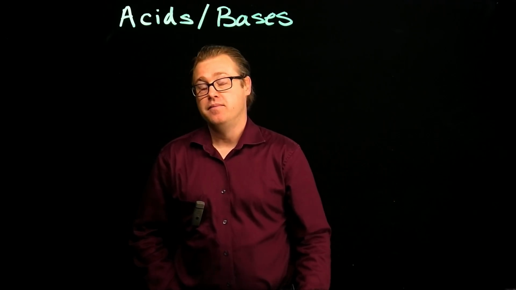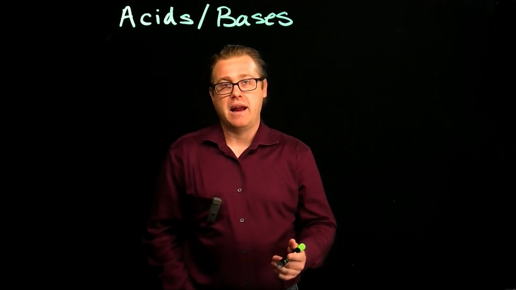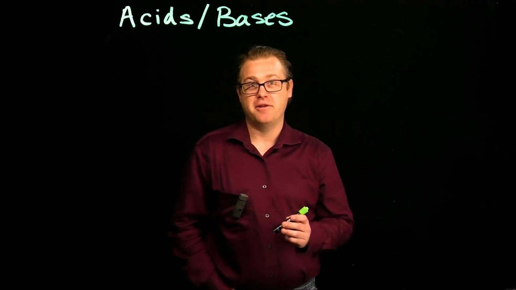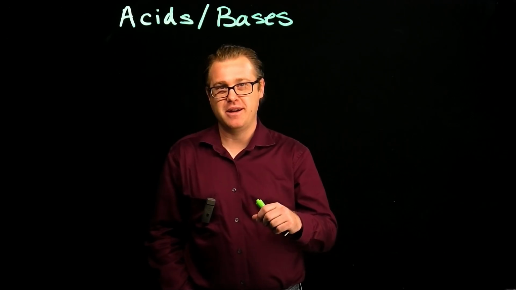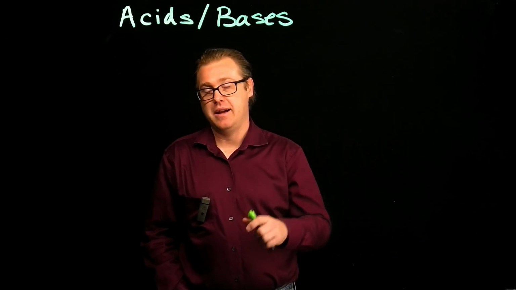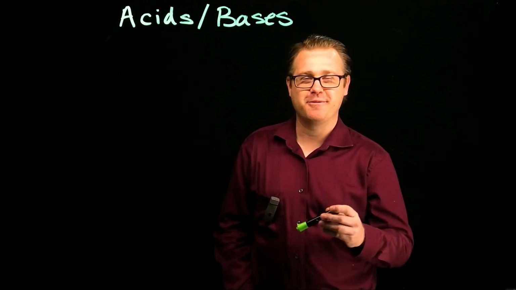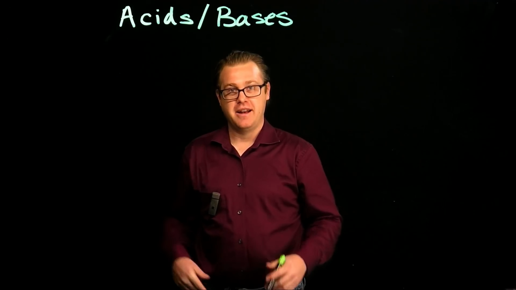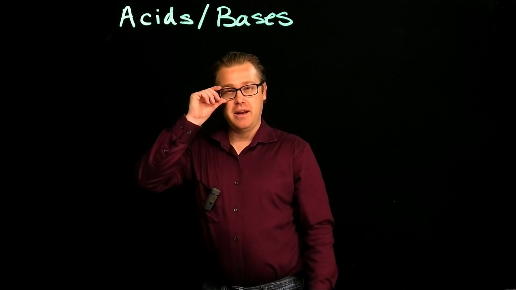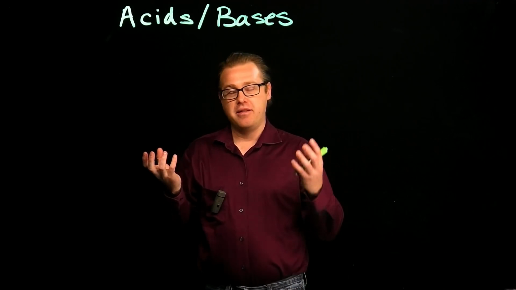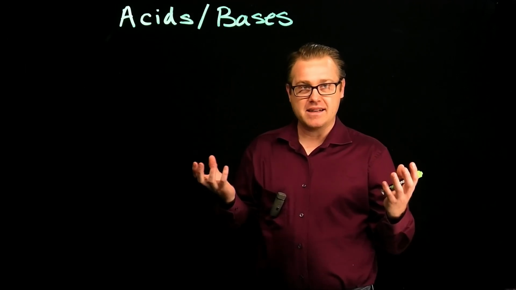they react. How many of you have created those elementary, middle school volcanoes where you stick the baking soda in and then you put the vinegar in and it starts to bubble? What's happening? Well, the baking soda is the base and the vinegar is the acid.